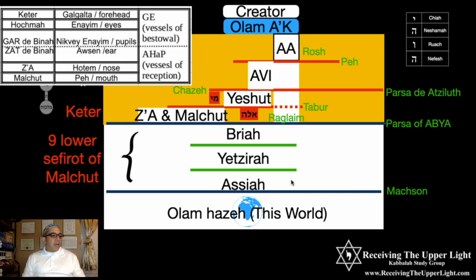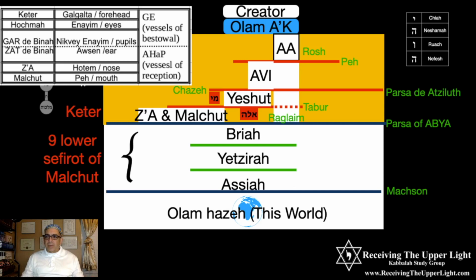Okay, and then we're going to talk about Bina's property inside Malchut, and how a zivug, this coupling, this connection in Yesod, in the place of the Brit, takes place in what we call 600,000 degrees or years.